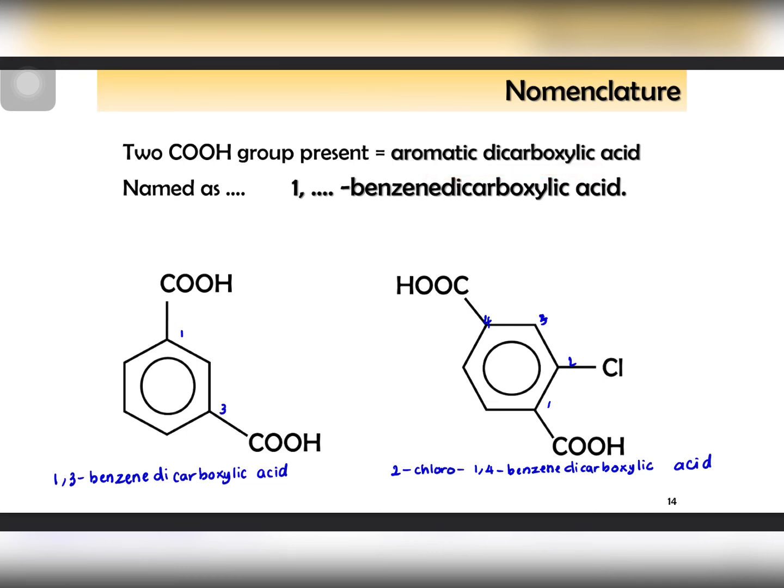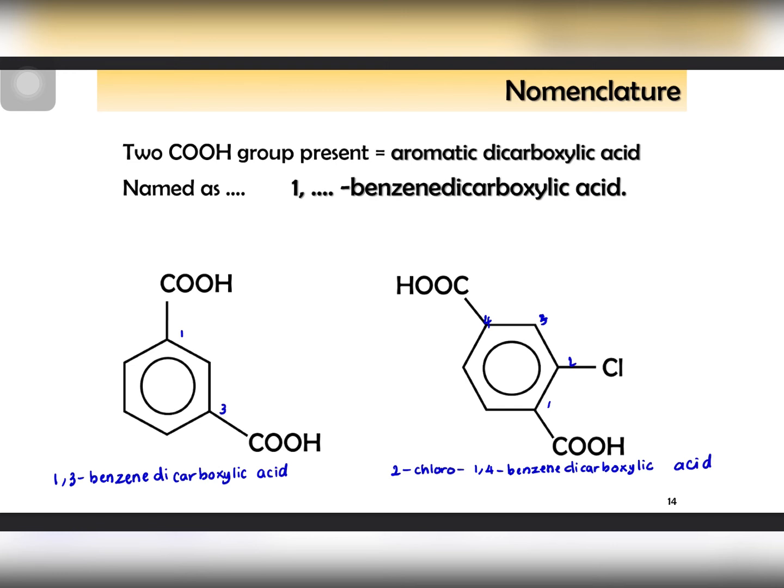So naming dia akan jadi numbering benzene dicarboxylic acid. Okay, so contoh kita ada kat sini position 1, 3. So this is 1,3-benzene dicarboxylic acid. Okay, so kita ikut saja format ini.